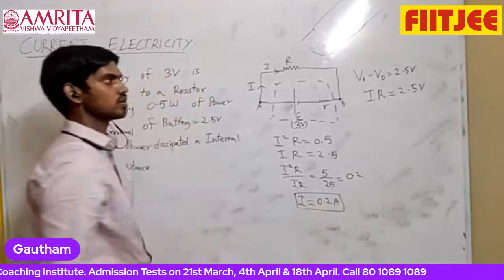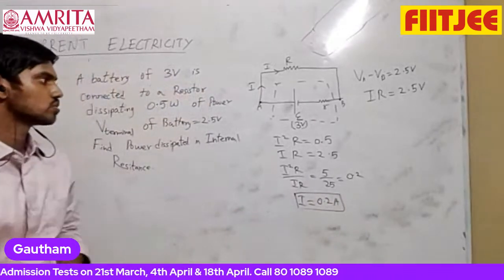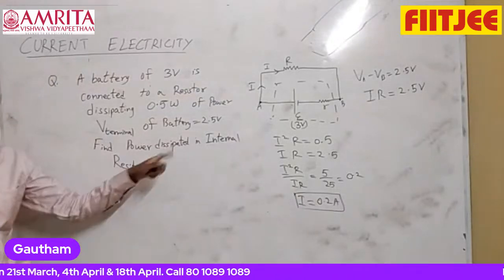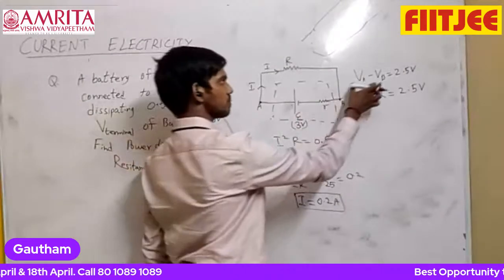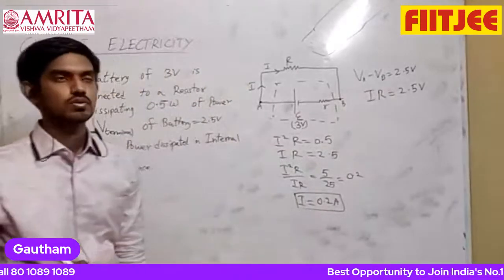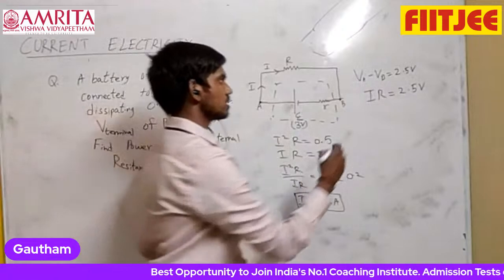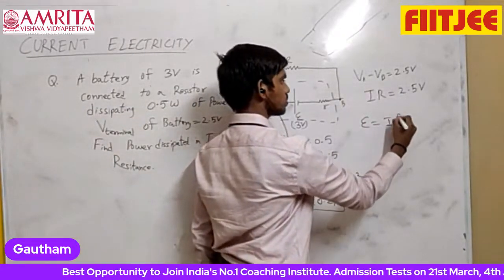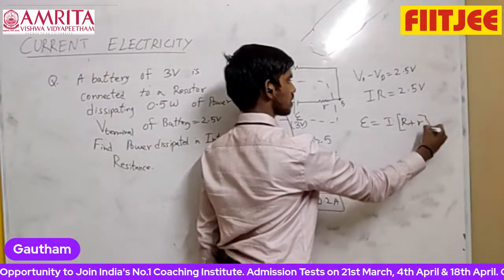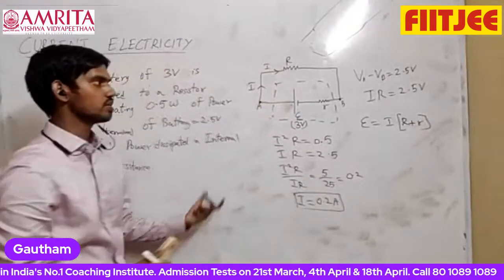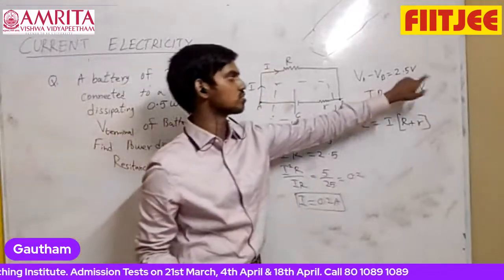So if I is 0.2, you can also find the internal resistance. In any way you can do this, because now you know E is equal to I into total resistance, R plus r, or E minus I r.